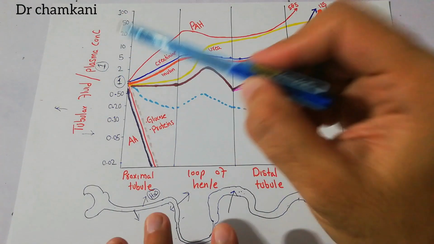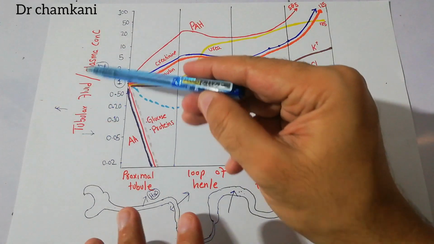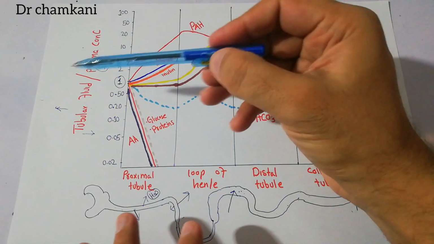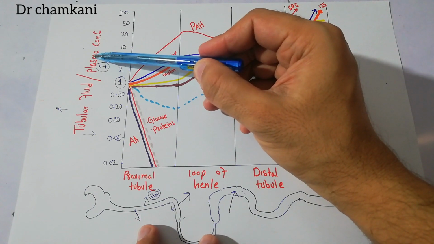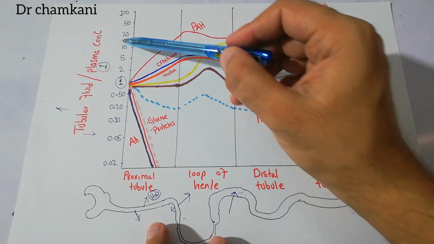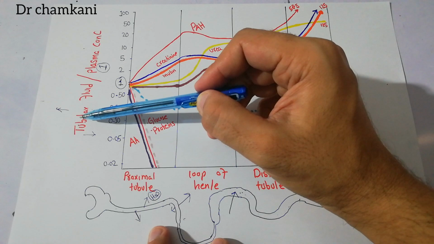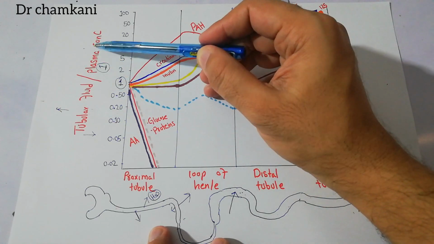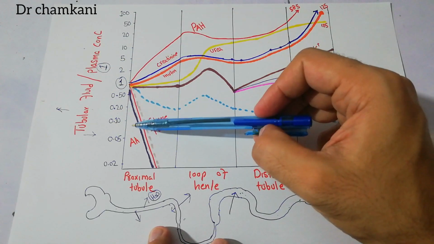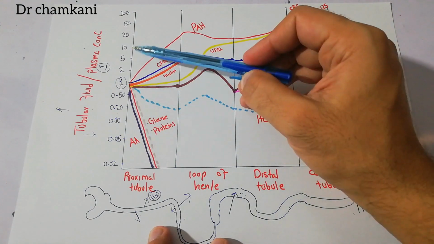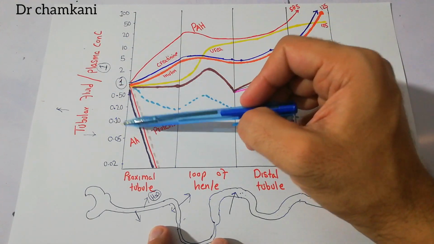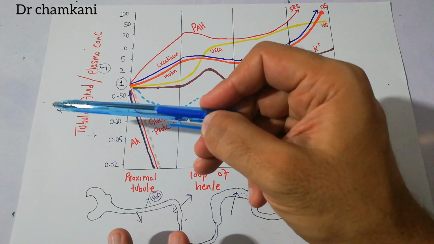But the concentration of glucose, protein, or urea is changing in the tubular fluid. So as the concentration in plasma remains the same, and this value is coming from the concentration in the tubular fluid divided by the concentration in the plasma, any change in this value above 1 or below 1 shows the change in tubular fluid.